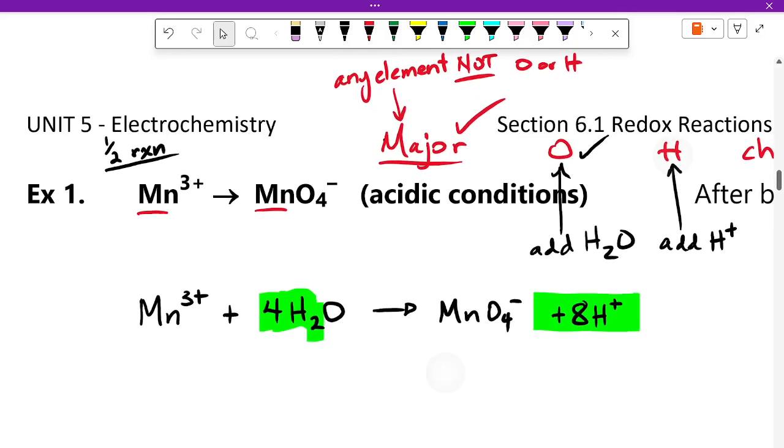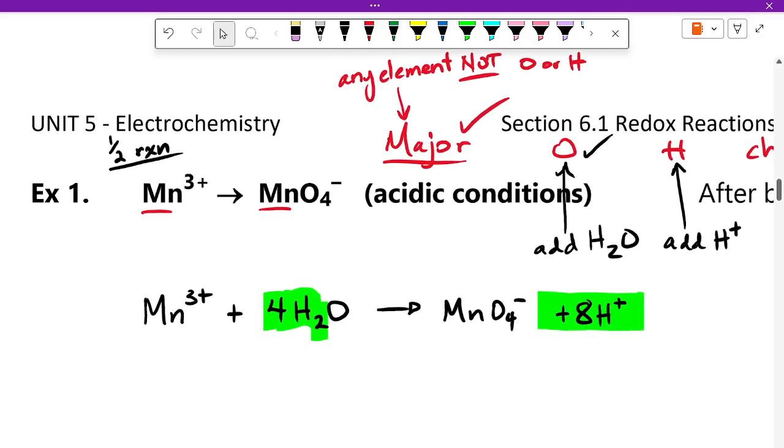Now, many of you will be able to do this in your head, but I will also say that many people also make errors when it comes to finding the overall charge, okay? So what I like to do is find the charges and write them down on the side.